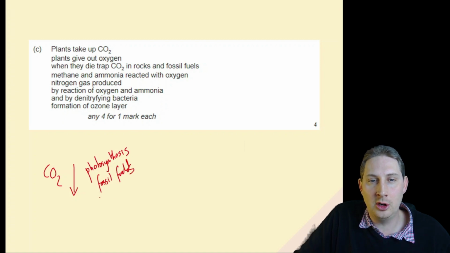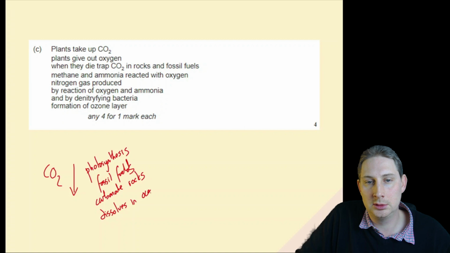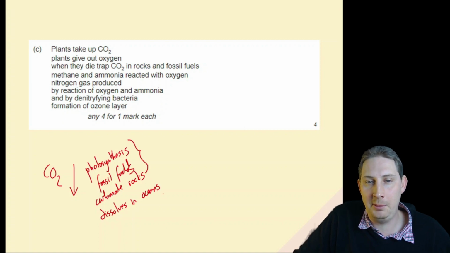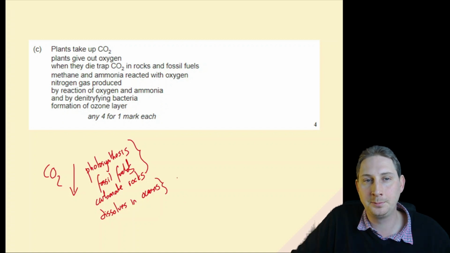It's also locked up as rocks, carbonate rocks. And actually it dissolves in oceans as well. If you've got no life, then this doesn't happen. If you've got no liquid water, then this doesn't happen.